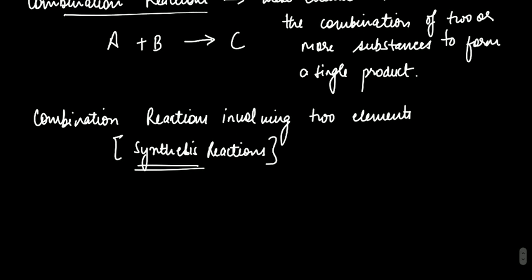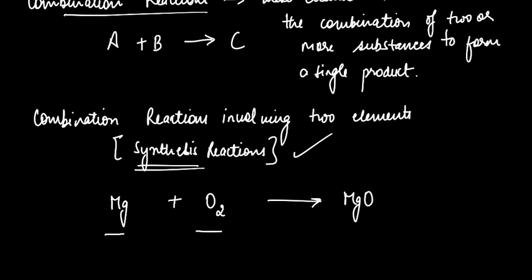The only combination reaction where two elements combine to give us a single product is the synthesis reaction. So we can call it a redox reaction. You'll understand later how we can call this a redox. We can even call it a combination reaction. We can call it a synthesis reaction. Out of the three classifications of combination, this is the only synthesis reaction because it's made from its respective elements. So magnesium oxide is made from magnesium and oxygen elements over here.